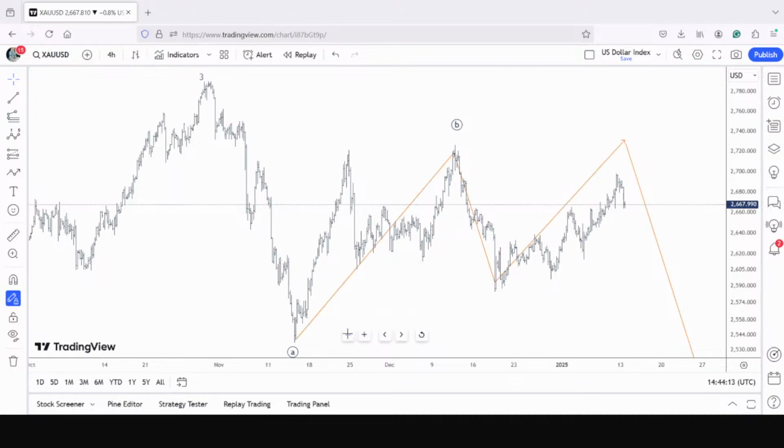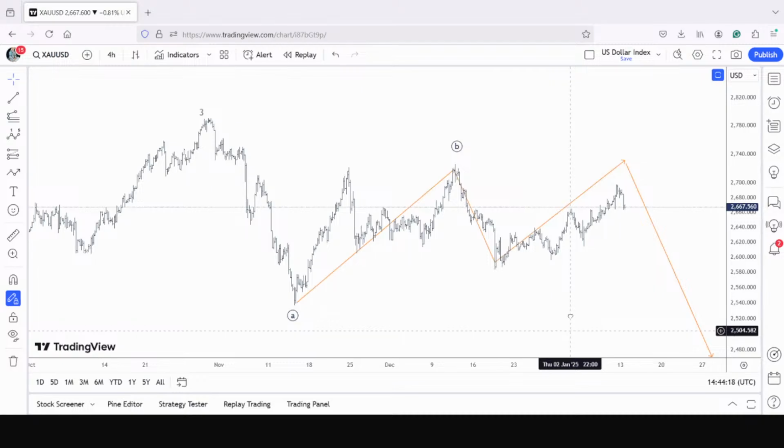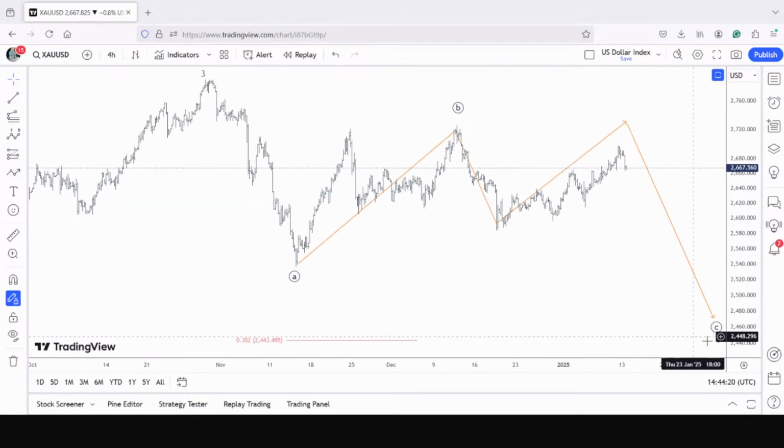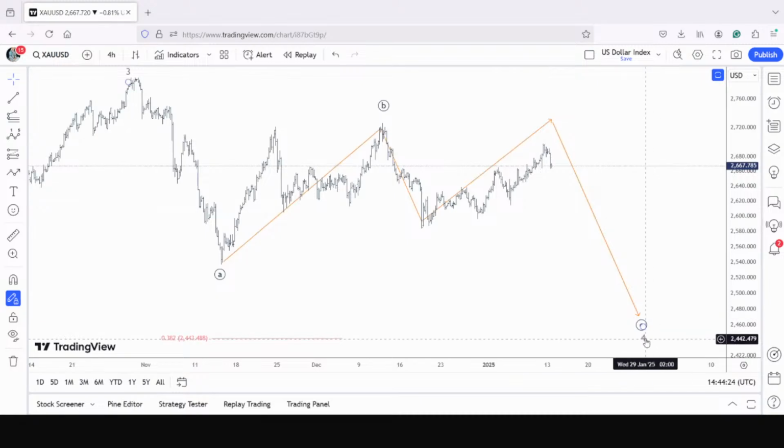Primarily, we need to remember that wave 4 of the minor degree, over here on the bottom right, is probably unfolding now.